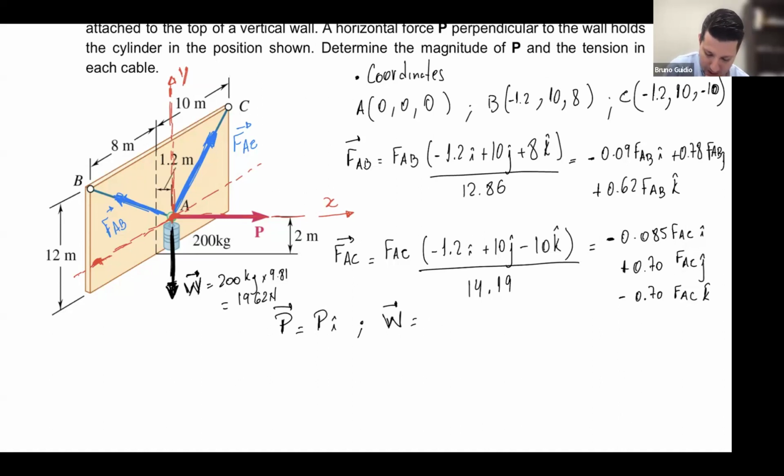The direction of it is negative, so negative 1962 j hat newtons. So right here I have 1, 2, 3, 4 vectors.